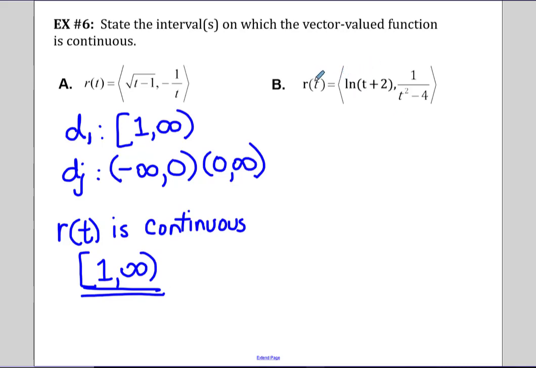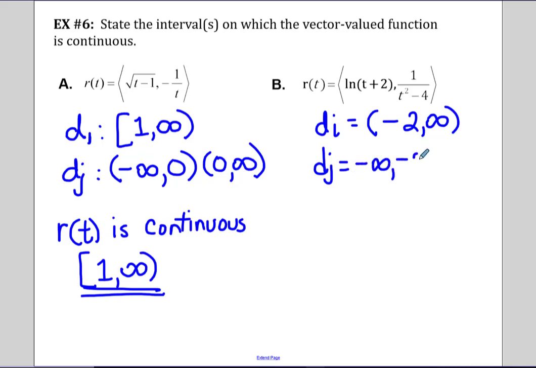In example B, considering the x component, the domain for the x direction, or the horizontal direction, would be from -2 to infinity, and the domain on the vertical component would be everywhere continuous except -2 and +2. So we would have to skip over those values where there's division by 0.